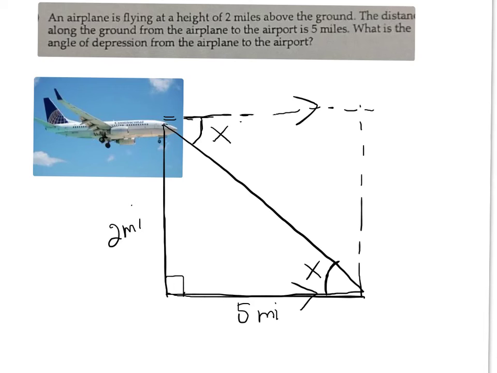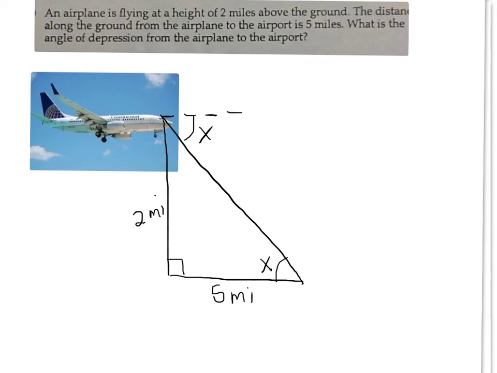So we're going to use that information, and even though it's asking us for the angle of depression, we are going to find this angle, the angle of elevation. It's going to give us the same thing.